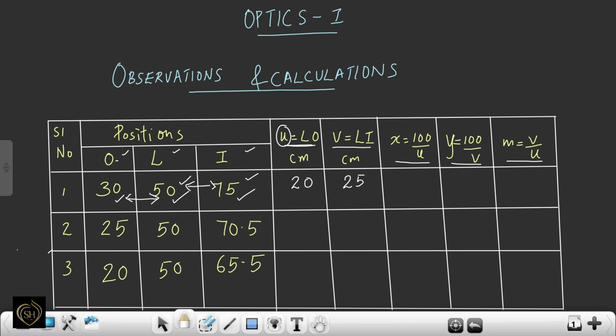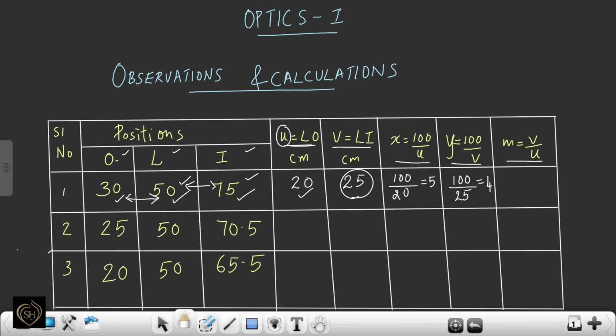Then find the value of 100 by U, which we term X. 100 divided by 20 is 5. Next is 100 by V, that is Y. V is 25 centimeters, so 100 by 25 is 4.